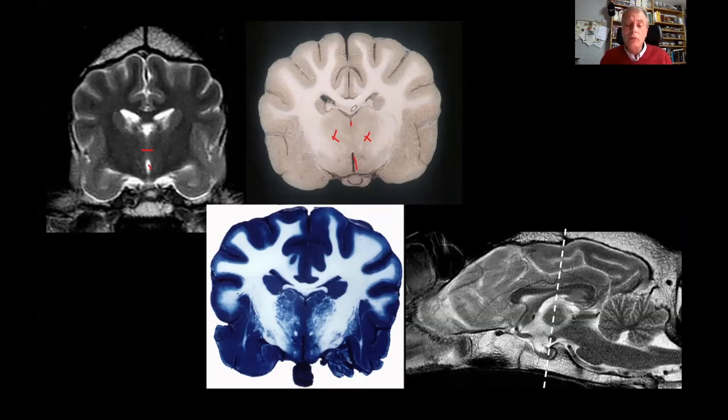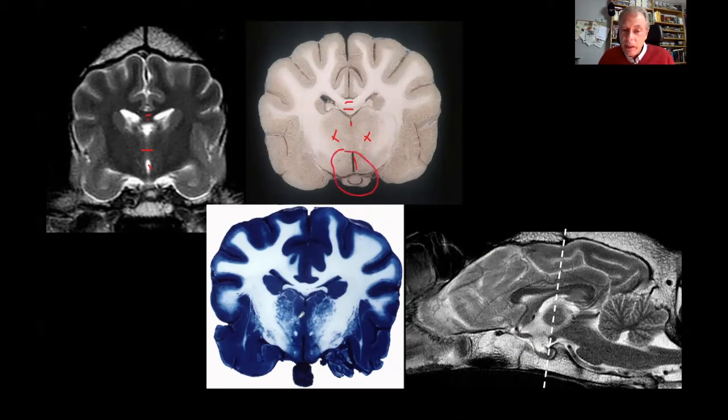It corresponds to an extension of the subarachnoid space, right? And here we have underneath the fornix and the corpus callosum. Fornix and corpus callosum, okay? Underneath the thalamus, we have the hypothalamus.